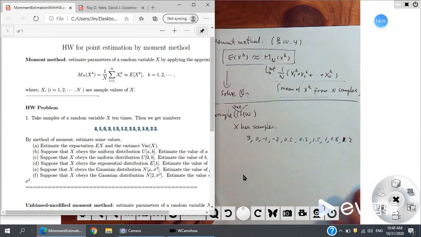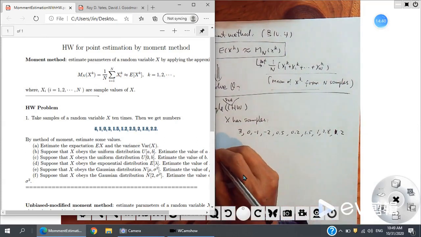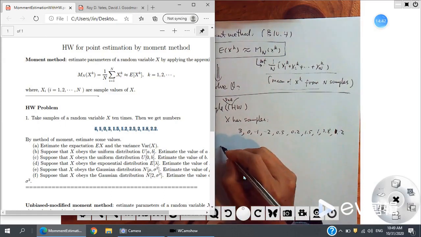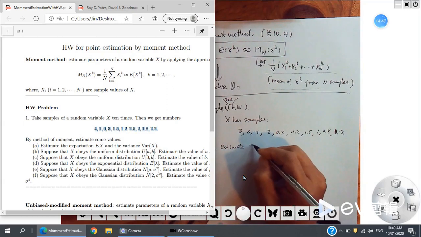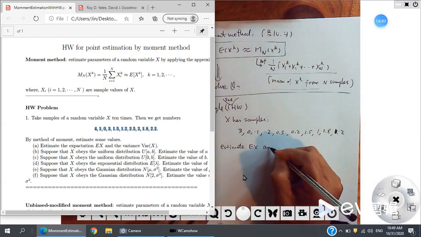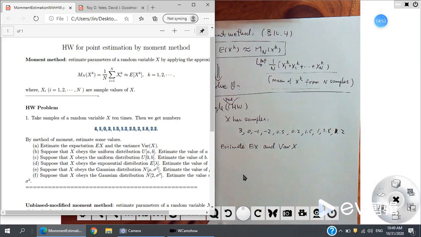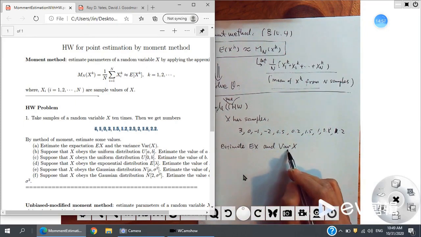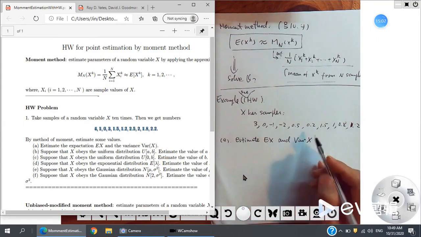I use these as symbols. We want to find estimates of E of X and variance of X. This is a point estimation problem. I want two parameters, estimate these two parameters, right? So this is a point estimator problem.